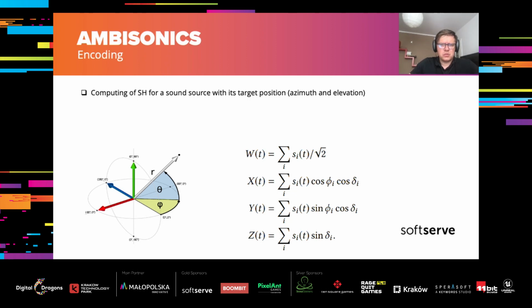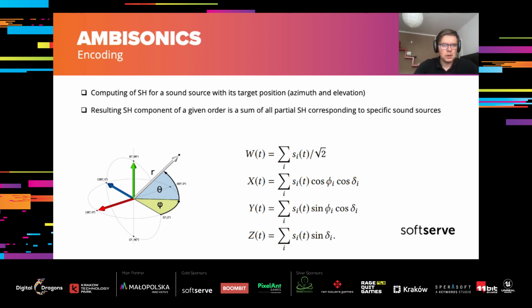Just as an example, I have listed here a set of simple equations that allow us to encode our sound source S and compute the corresponding spherical harmonics components, that is W, X, Y, Z, with the position defined with azimuth and elevation angle respectively.